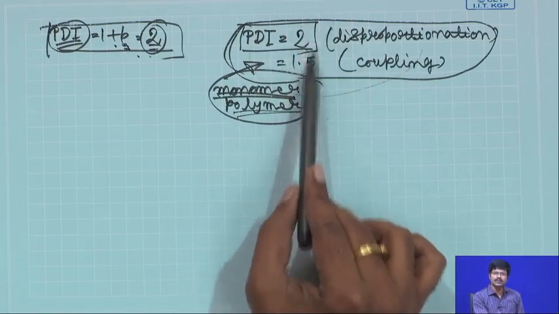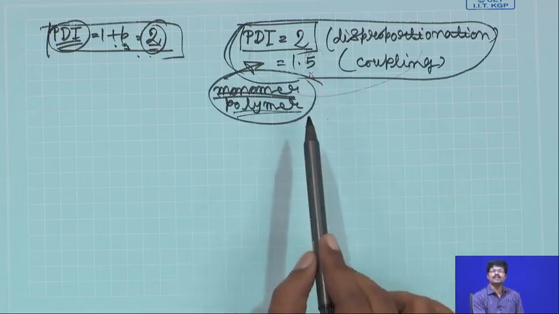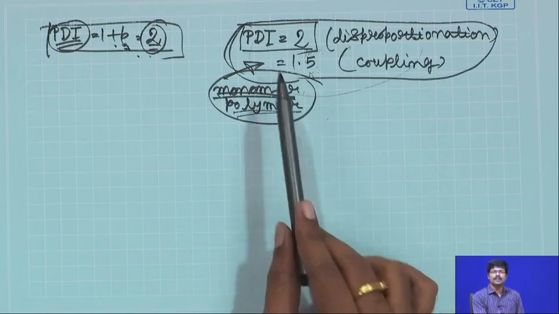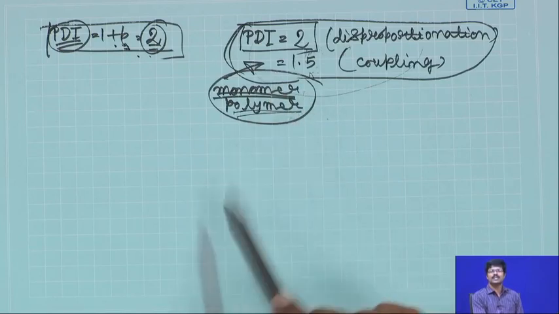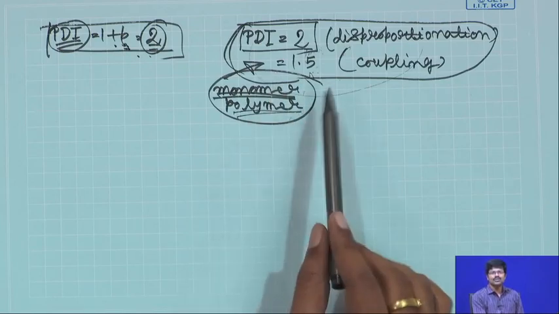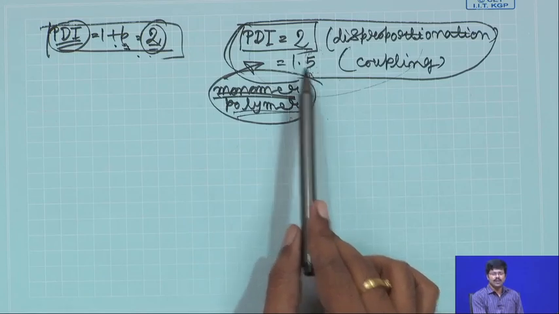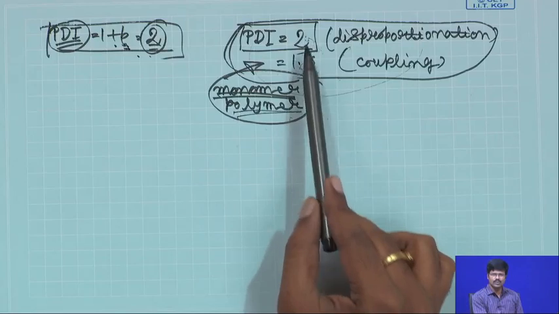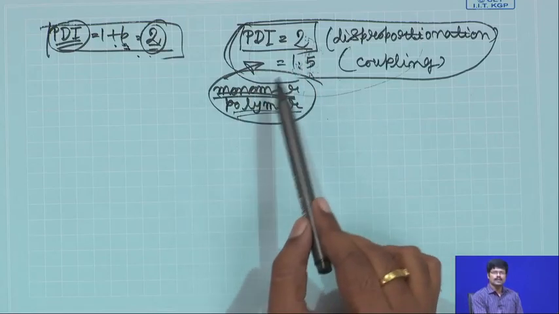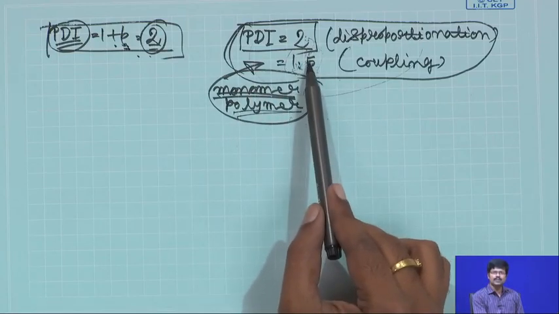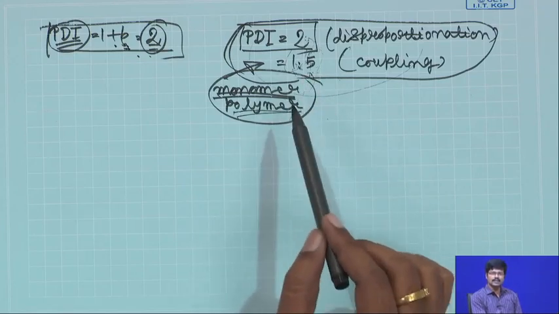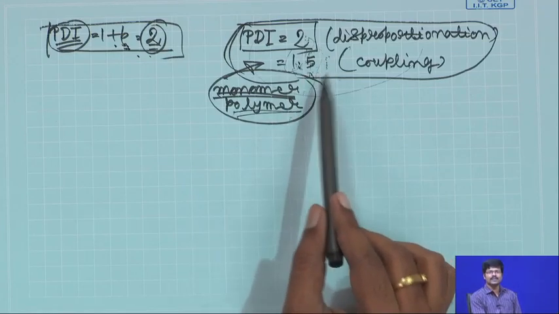However, these limits are quite attainable if you are doing the reaction in a CSTR, because in a CSTR operated at steady state, the monomer concentration and polymer concentration are not changing with time. So, either your PDI will be higher than this or it will be this, the lowest value that you will have. These values can be attained if you can control your concentrations carefully in a CSTR, but this cannot be attained in a batch reactor.